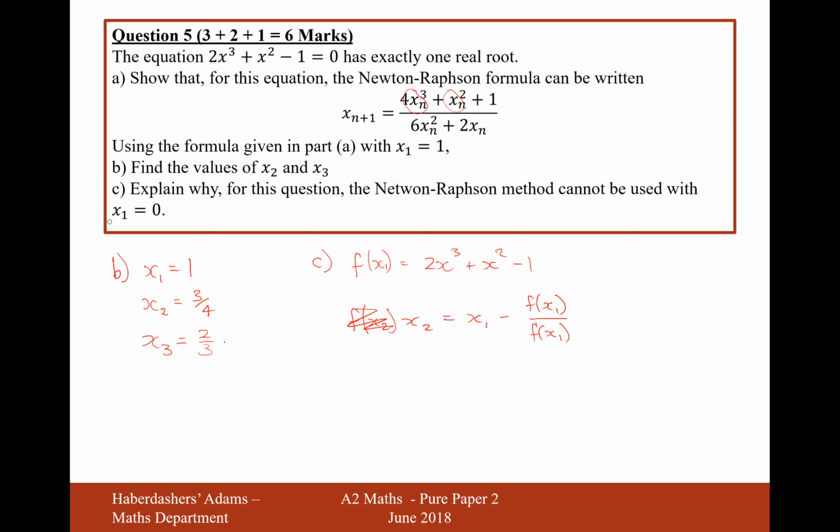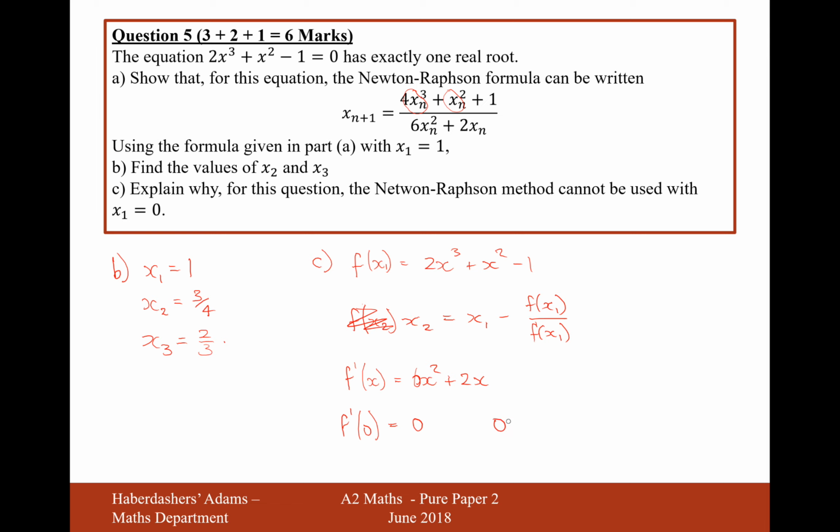I suppose when we use x1 equals 0, then when we differentiate this, f dash of x is 6x squared plus 2x, and if we do f dash of 0, which is what they're going to want us to do on the bottom, then we're going to get 0.